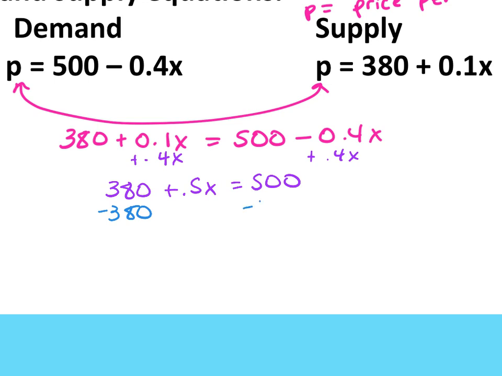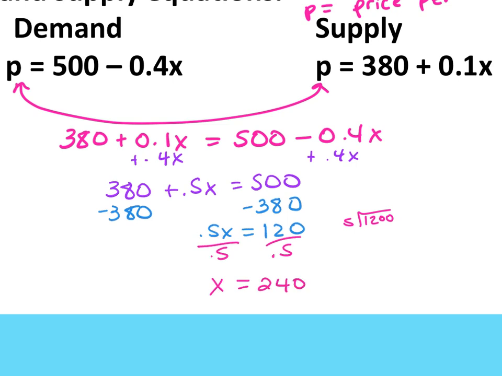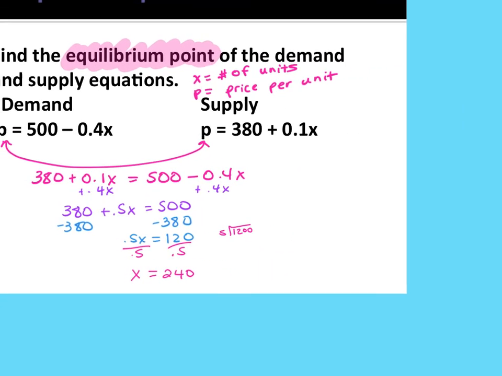Subtract the 380. 0.5x equals, that would be 120. Then what? Divide by 0.5. And I could get rid of the decimal, right? It could be 1200 divided by 5. It's the same thing. So it would be 240. That's the number of units I want.